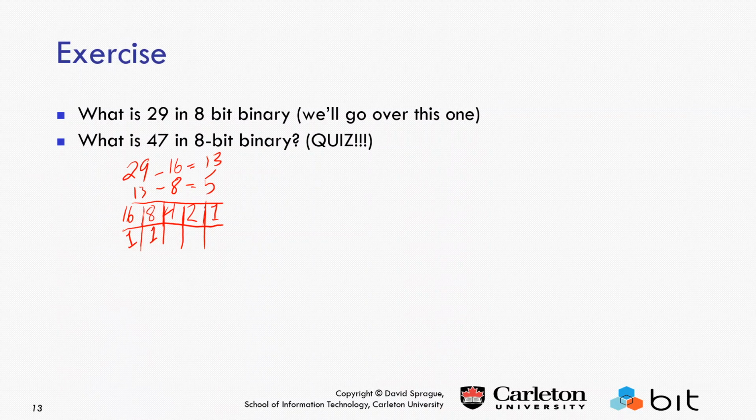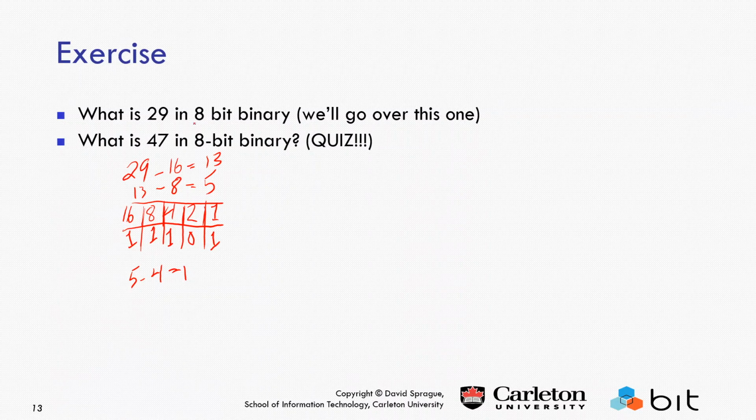So if it's 5, the next power of 2 that we have available is 4. So 5 minus 4. I'm going to have a 0 in the 2's position, and then I'm going to have a 1 in this position. 29 is an odd number. The last digit here is a 1. Okay, things are good. We'd expect if it's an odd number, this is going to be a 1 there. If it's an even number, it's going to be a 0. And I've done my numbers.